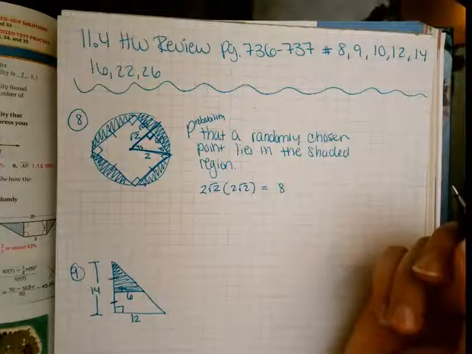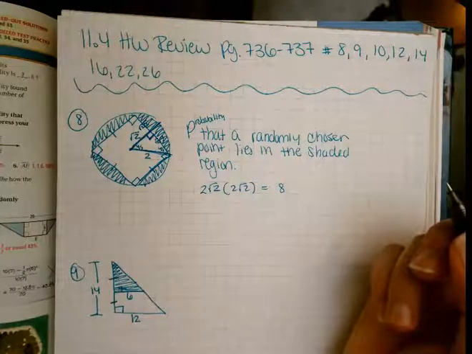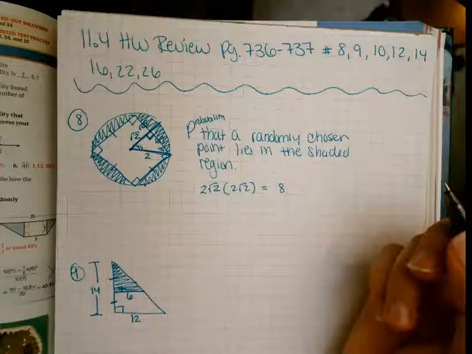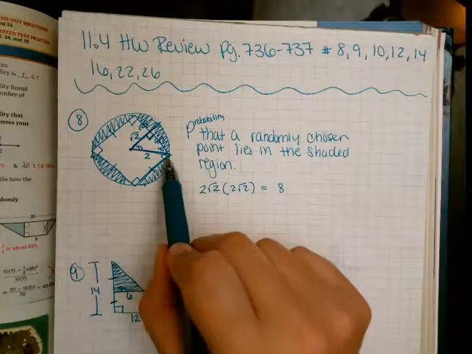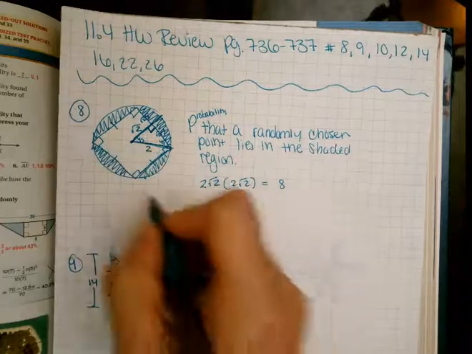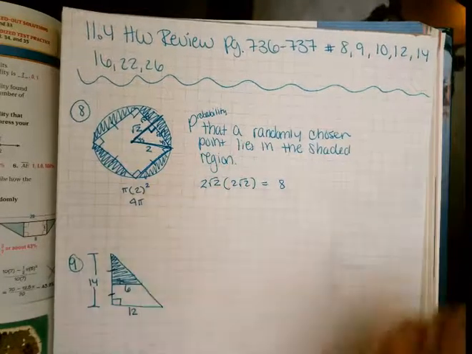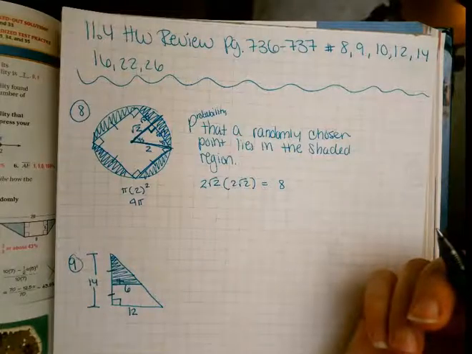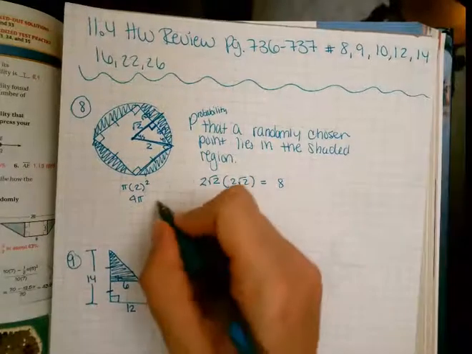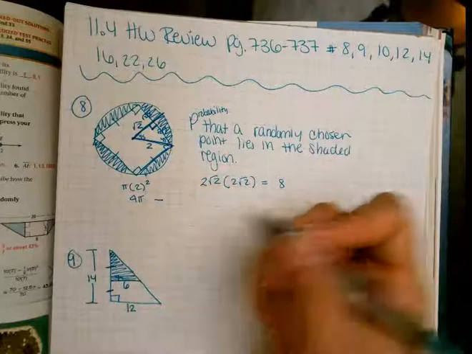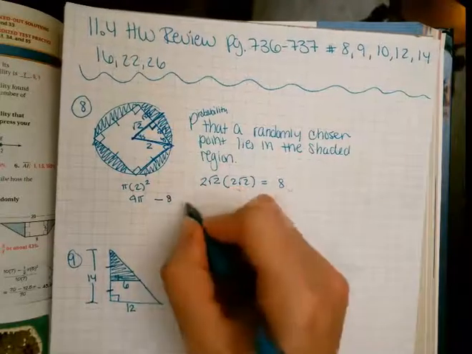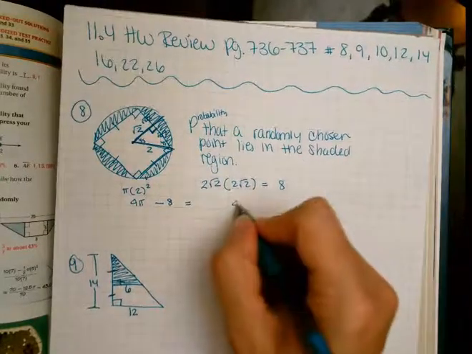That is the portion that is missing from the whole circle. So what is the area of a circle? We know that the radius of the circle is 2, and the area of a circle is pi r squared, or 4 pi. So the shaded region is the circle minus the square, 4 pi minus 8.